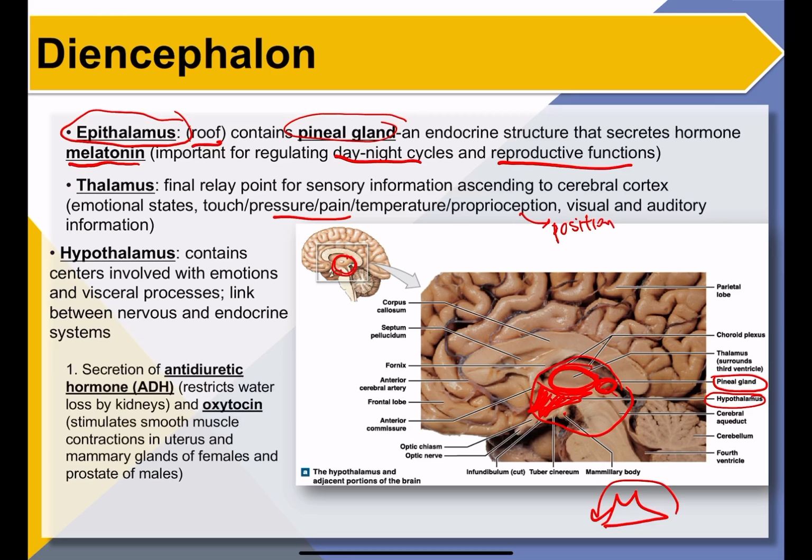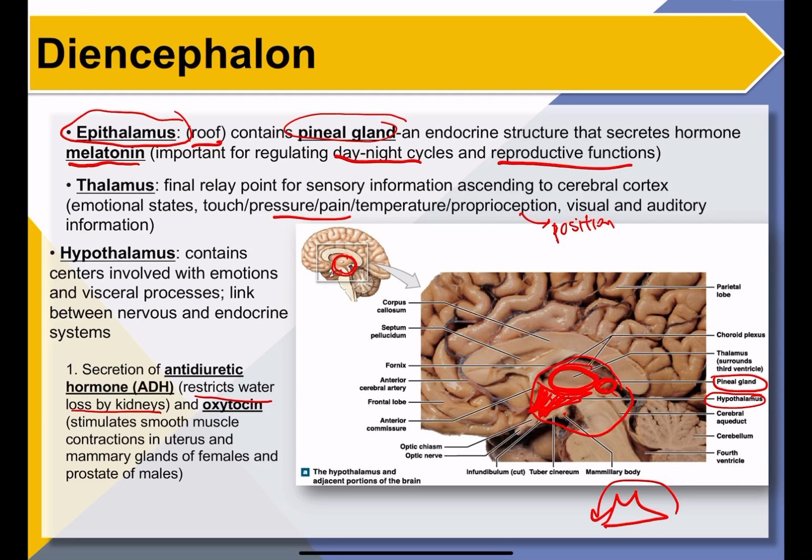ADH stands for antidiuretic hormone, which is mainly to restrict water loss by your kidneys, and we'll talk about that in the next semester. If your body is in dehydration mode, not enough water, then your hypothalamus will release ADH, which then punches little holes within your nephrons within the kidneys to allow more water reabsorption back into the body.